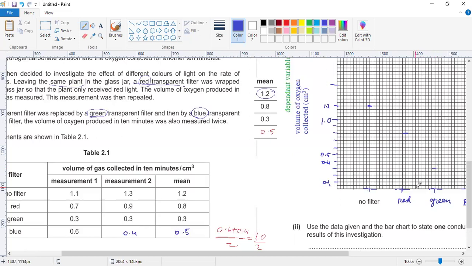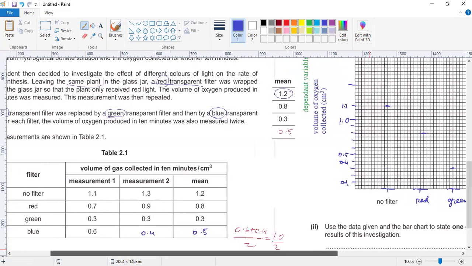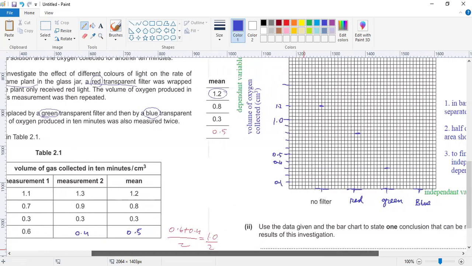This is 0.3. And after that, for blue, it is 0.5. So this is 0.5. Okay.